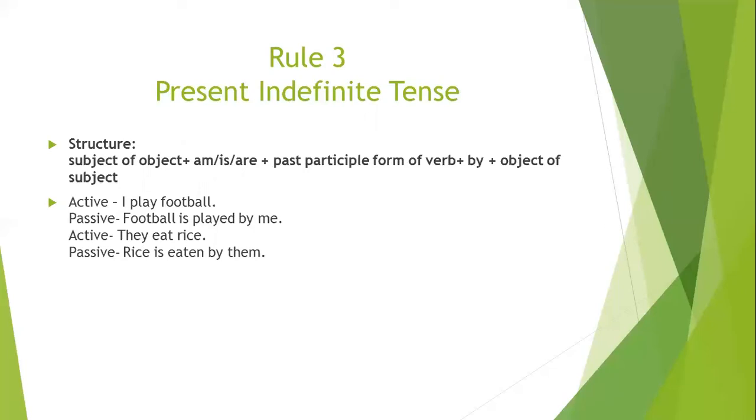So for singular form, after rice, there will come the be verb is. Here, rice is eaten by them. Why have you used them here? Because them is the objective form of the subjective form they.